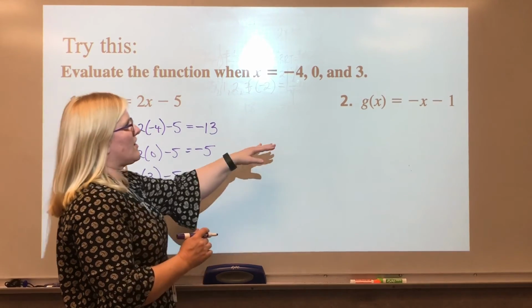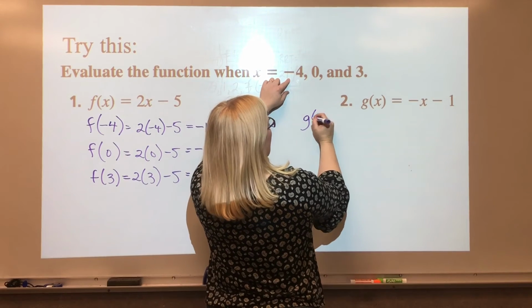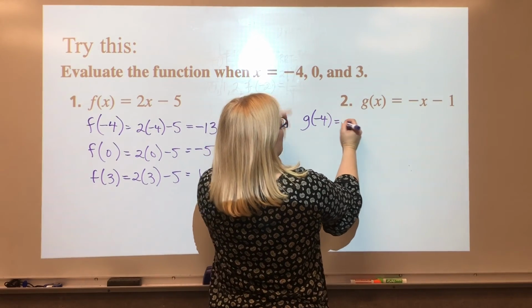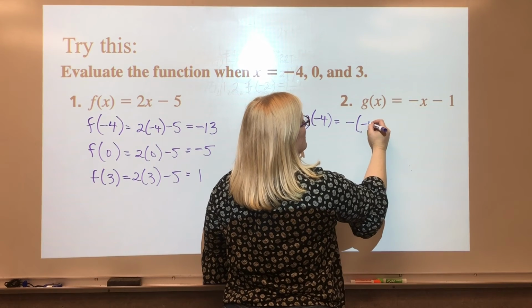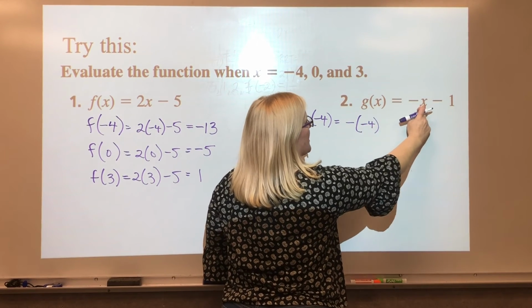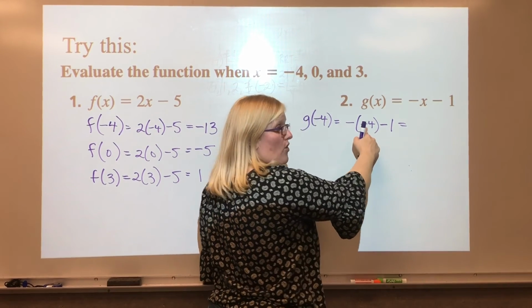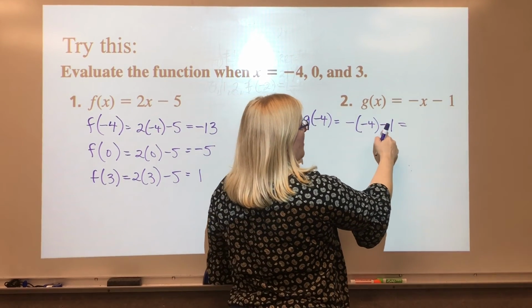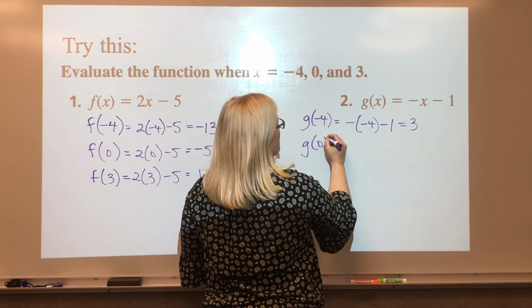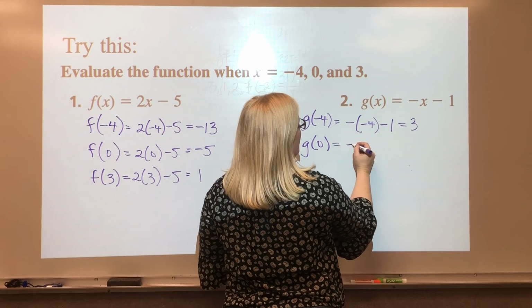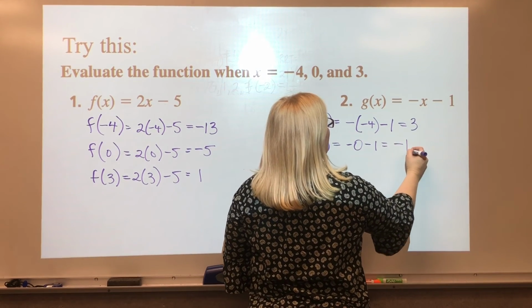Okay, so over here, we have g of x, so g of negative 4 equals negative, and x is negative 4. So a negative of negative 4 is a positive 4, minus 1 is 3. g of 0 is negative 0, which doesn't really exist, minus 1 equals negative 1.